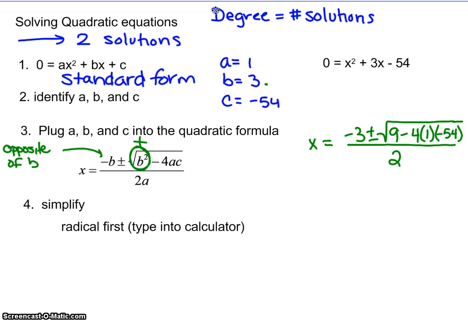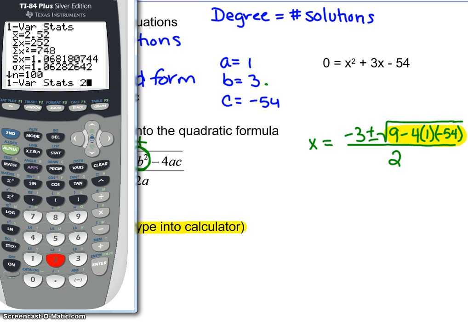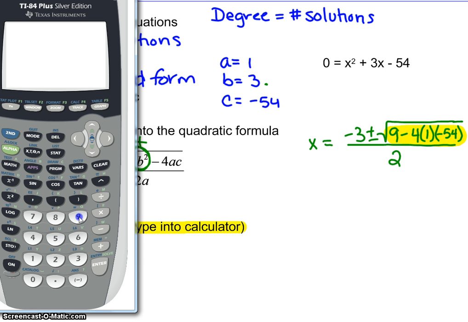All right, now we're going to simplify it. What I need you to do first is take care of the part that's inside my radical. My suggestion is always to type that into your calculator, because then you'll make fewer mistakes. So 9 minus 4 times 1 times negative 54 gives me 225.